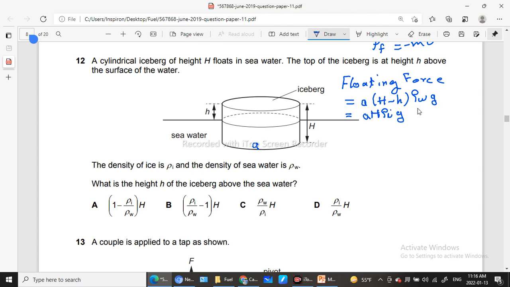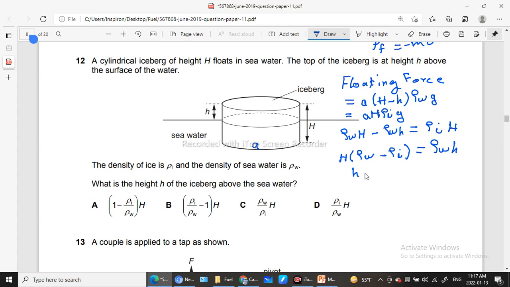Now Ag is a common factor, so dividing both sides by Ag and expanding here, we get rho W capital H minus rho W small h equals rho I capital H. Now rearranging this equation, taking this term to the right side, changing its sign, equals rho water times h.